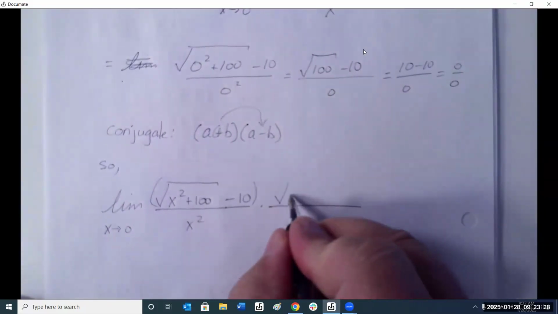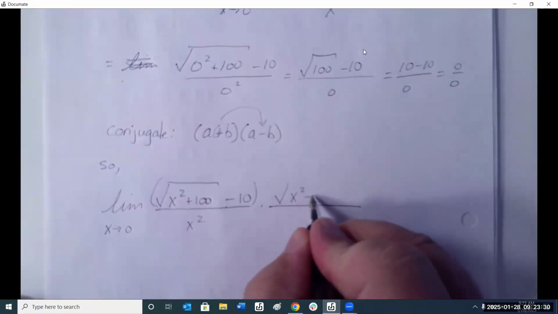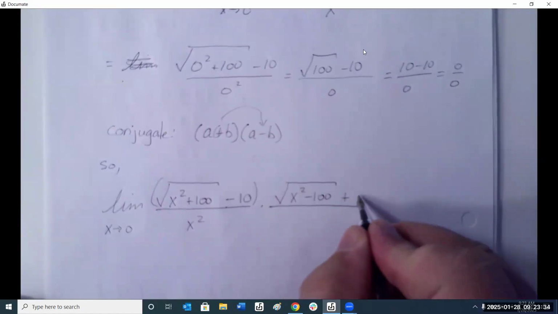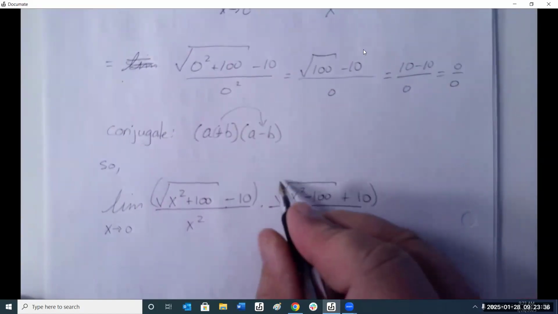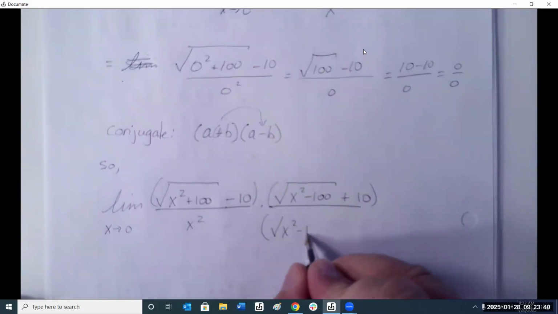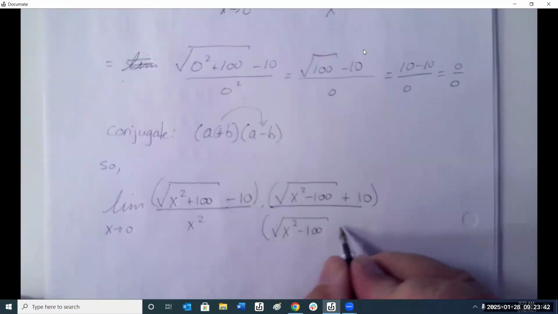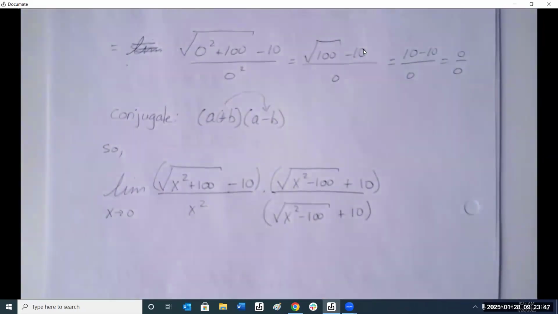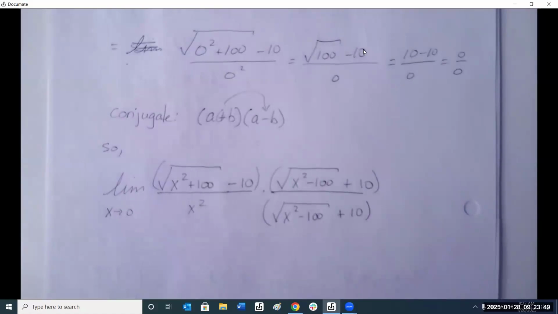So we have to multiply top and bottom by the conjugate. Because we can't change the equation, we can only change the way it looks. So we multiply the conjugate on the top and bottom.